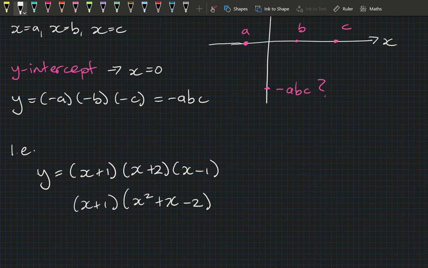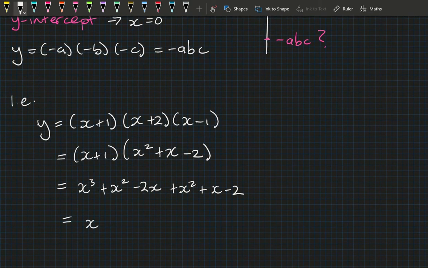And then if I expand that out, I get x cubed plus x squared minus 2x when I multiply everything inside the quadratic by x. And then obviously multiplying it by 1 gives me x squared plus x minus 2. And when I collect like terms, that will give me x cubed plus 2x squared minus x minus 2.